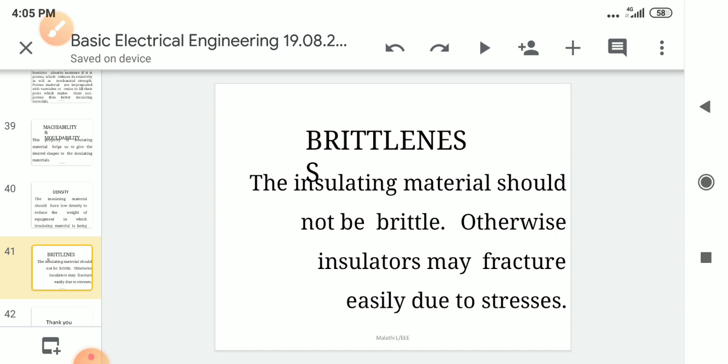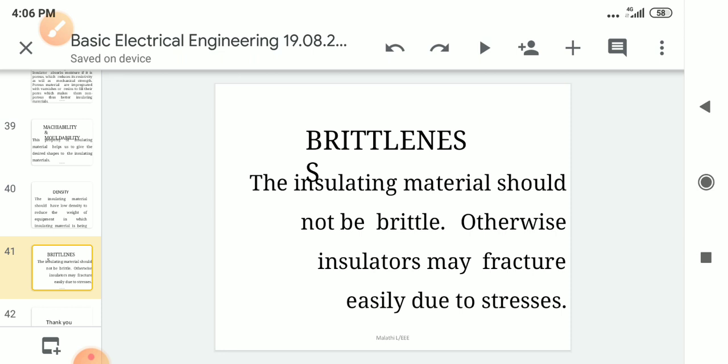Why? Because if it is brittle in nature and it is fractured, then what happens? Breakages occur and in the gap, leakage currents and all those things are formed. Then we are not doing it at our right application.